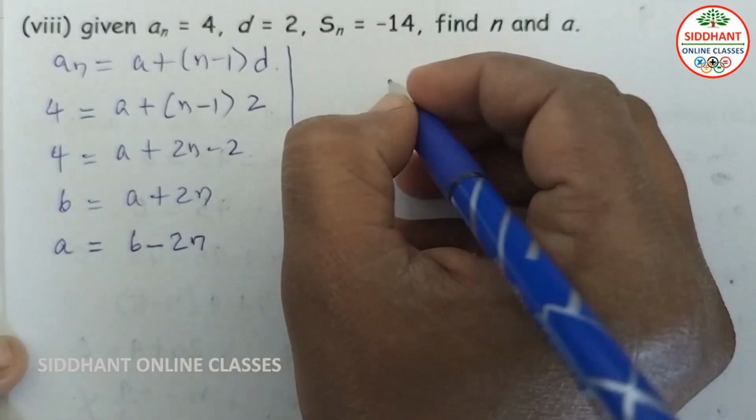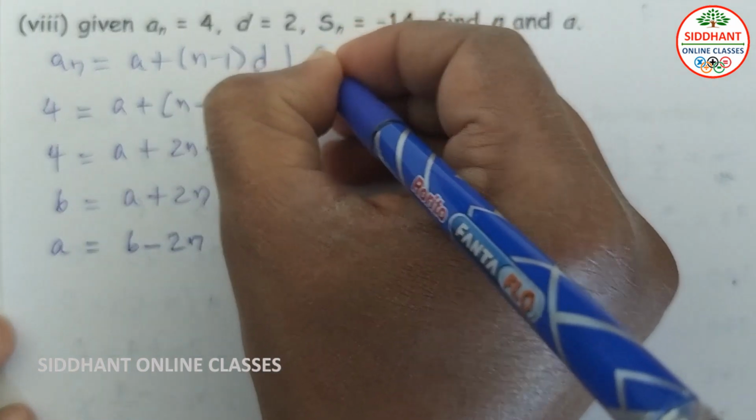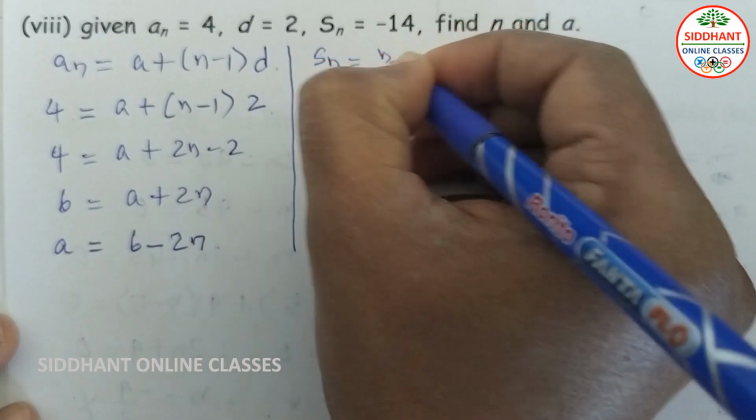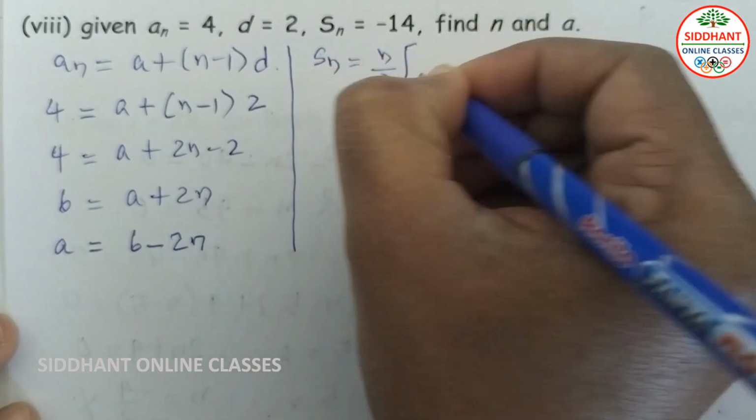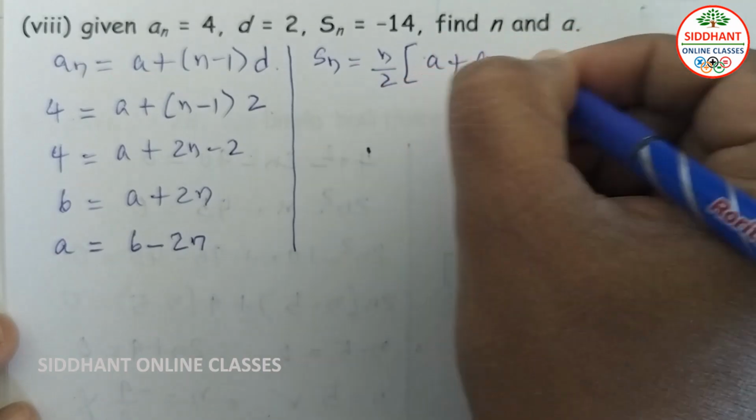Now Sn equal to n by 2 into (a plus an).